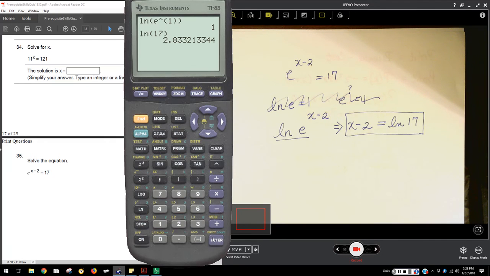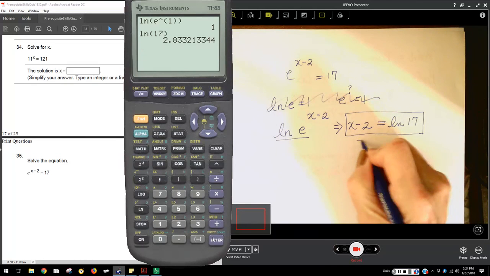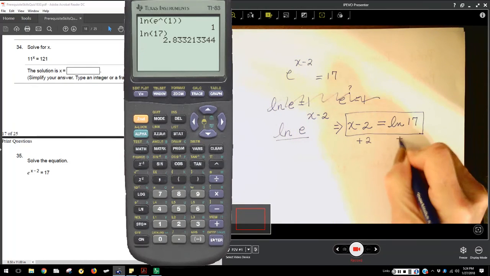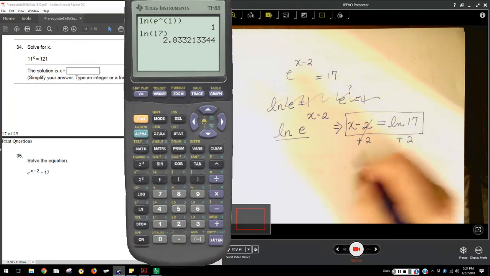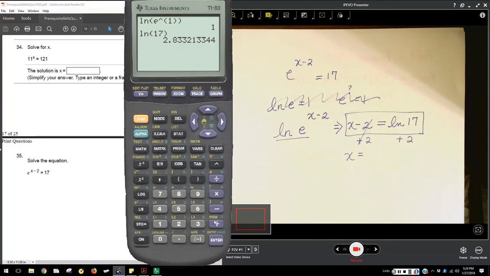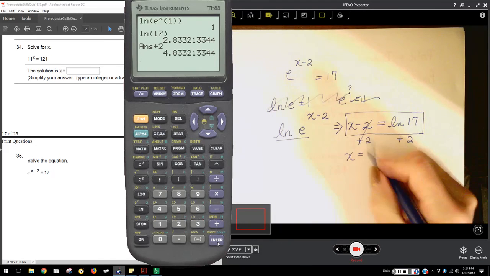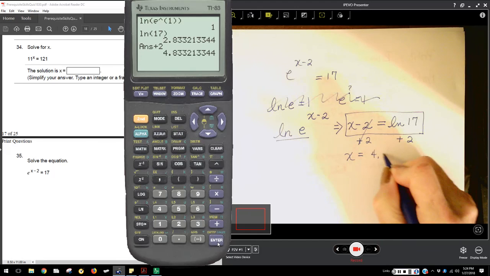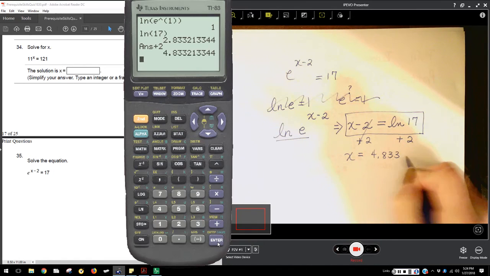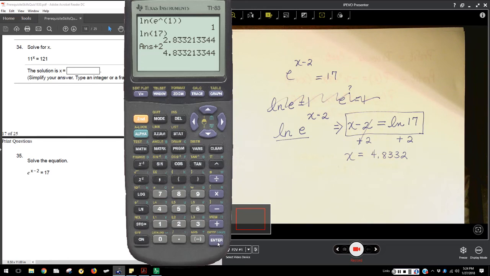It's 2.833211, and so on. If I add 2 to both sides of this equation, I have x. So the natural logarithm of 17 plus 2 is 4.8332, and you're finished.